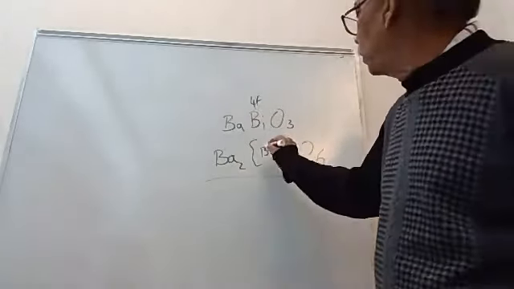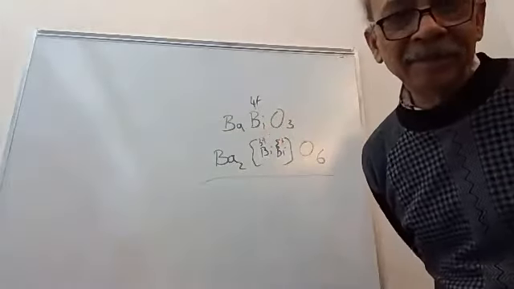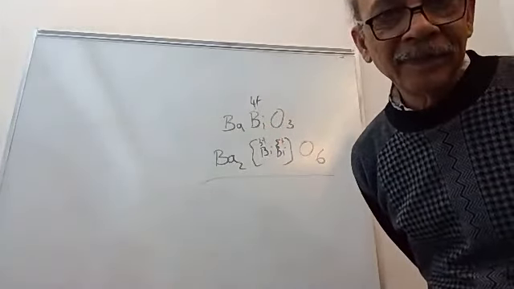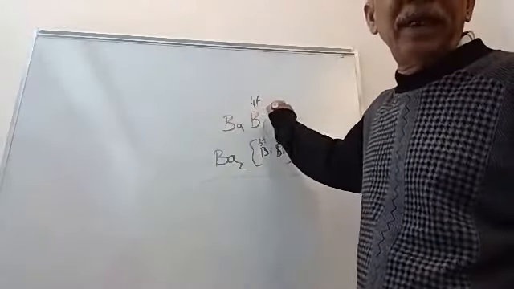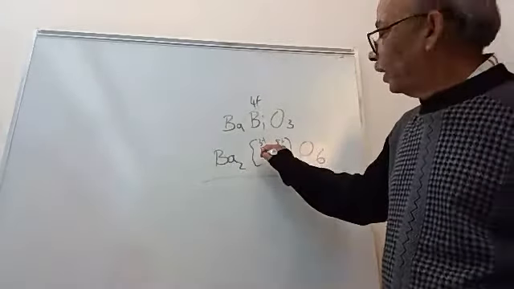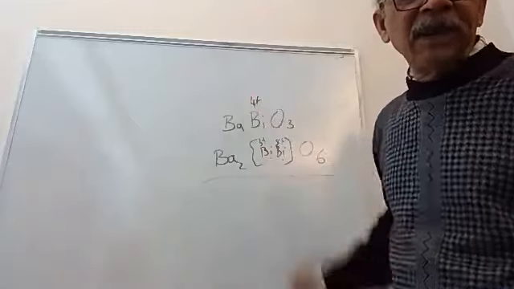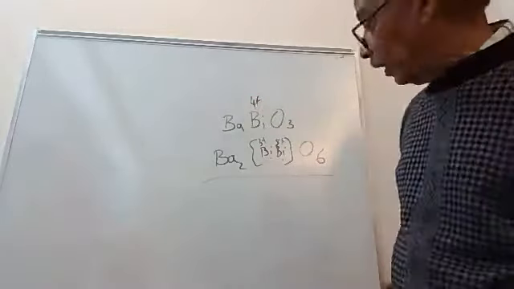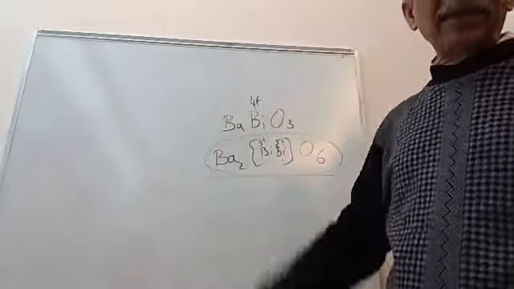Now, of the 2 bismuth, one is 3 plus, one is 5 plus. So this is how they explain the formation of BaBiO3. Bi is not 4 plus. It is an average of 3 plus and 5 plus that shows up as a 4 plus in the formula. But the real molecular formula of this is this. That is only an empirical formula.